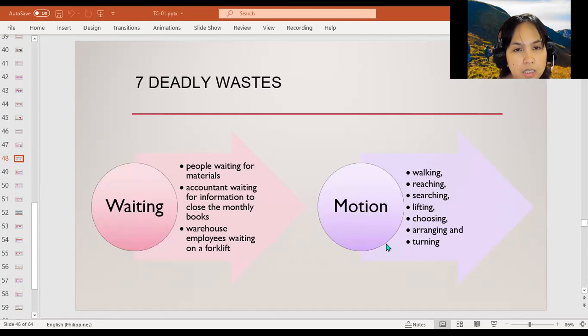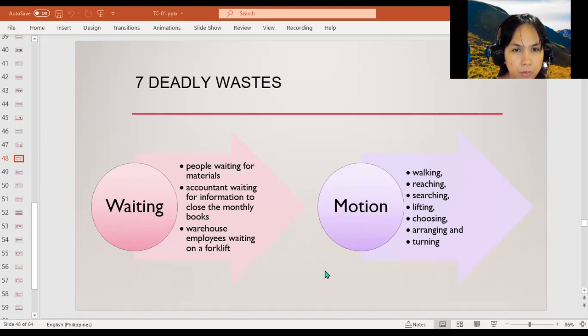In addition, eliminating motion waste is a very important part of reducing changeover times. Some examples of motion are walking, reaching, searching, lifting, choosing, arranging, turning.